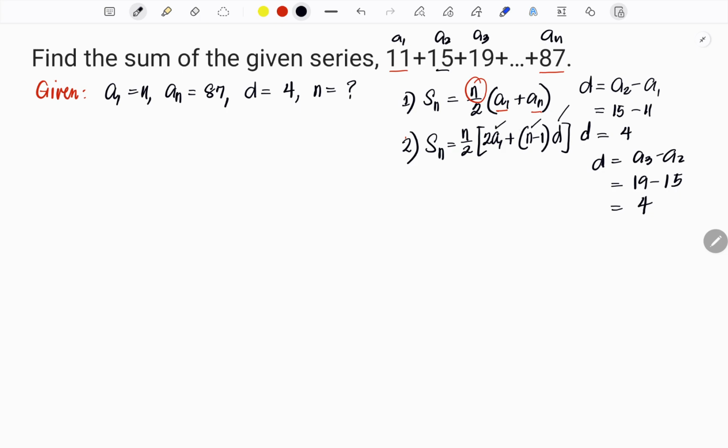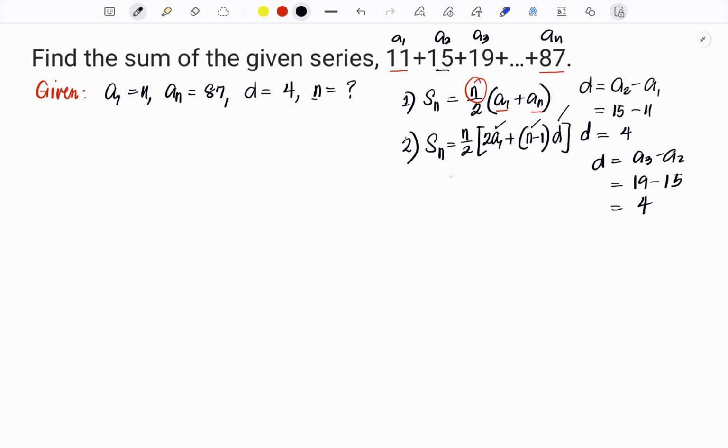But as I said earlier, n is unknown here. Hence, whether we use the first formula or the second formula, we need to have the value for n first. That is why we have to solve for n.